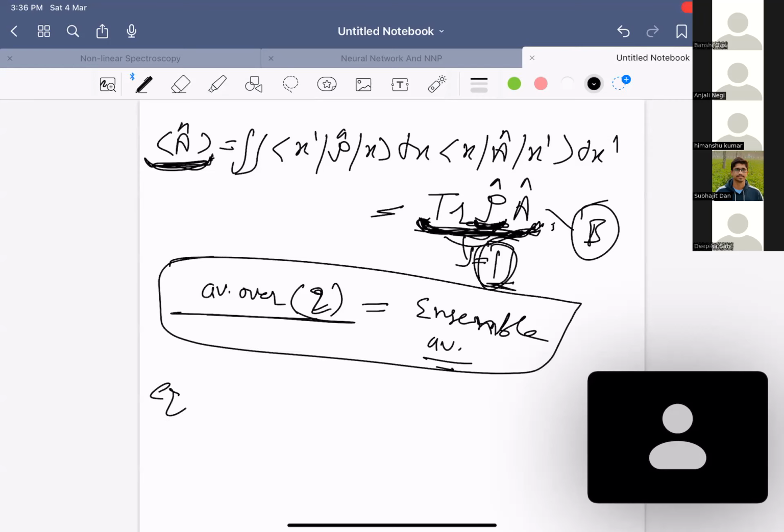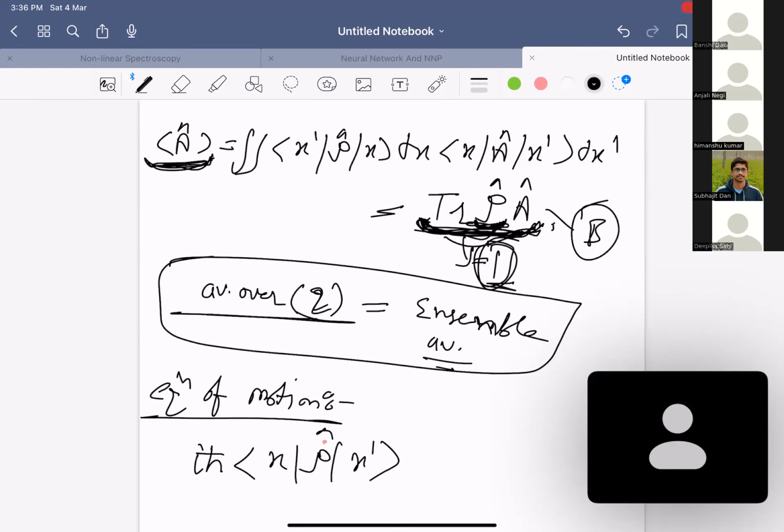And if we look at the equations of motion in the quantum mechanical point of view, we can write the time derivative over x only.